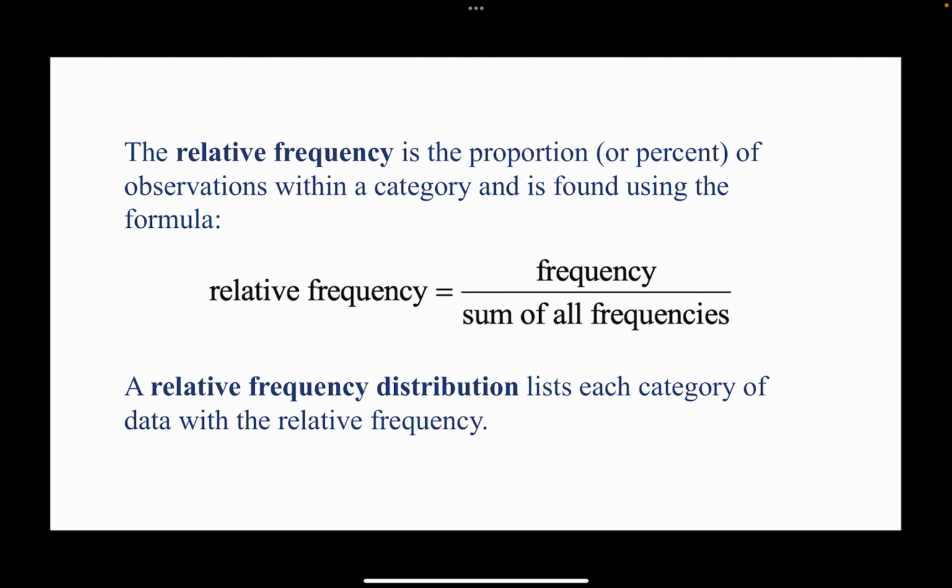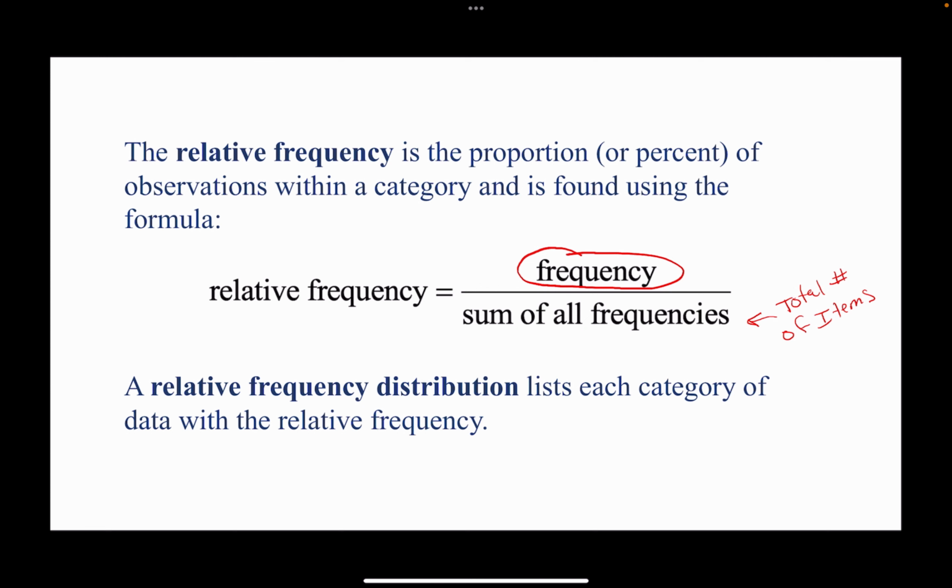So with relative frequency, we take the frequency that value showed up, so how many candies were brown, over the sum of all frequencies, or the total number of items. So how many candies were there? There were a total number of this many candies, and here's how many of them were brown.